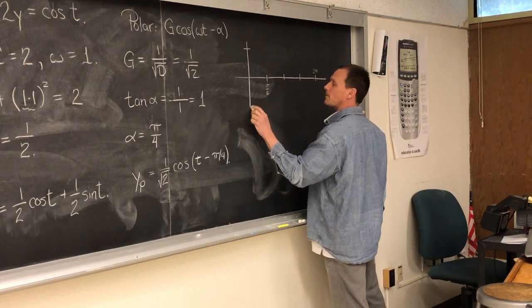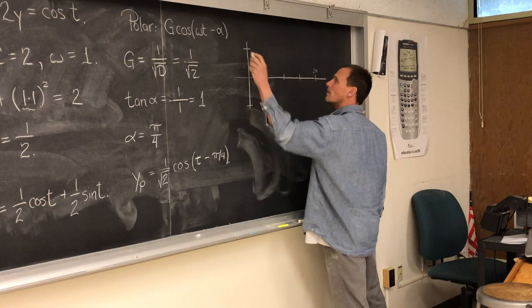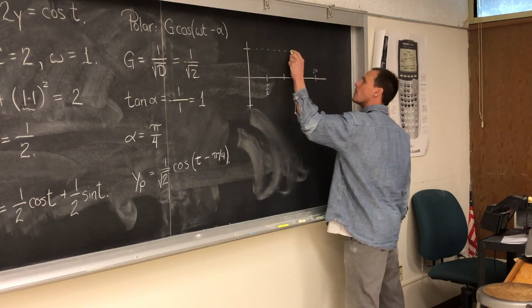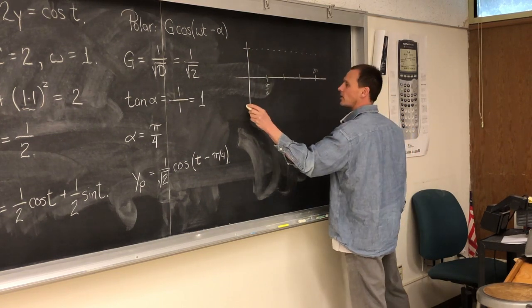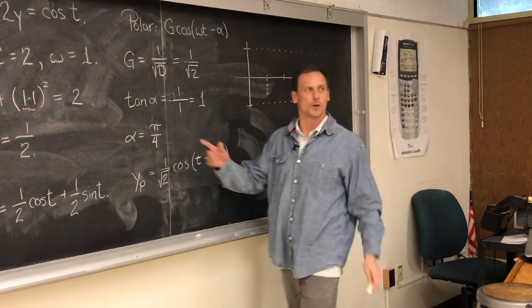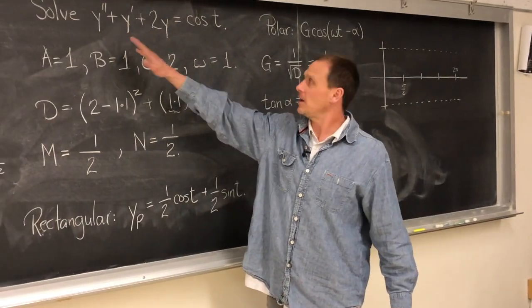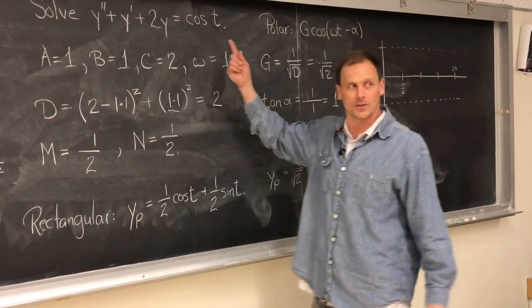I'll show you why. Why would I graph cosine? The reason for just graphing cosine is cosine was the input to my system here, and I'm forcing it by cosine of t.